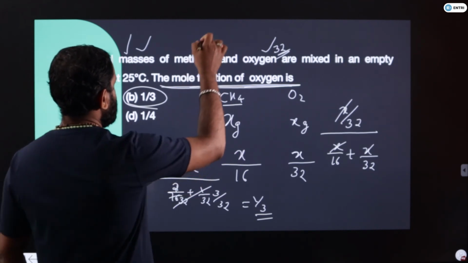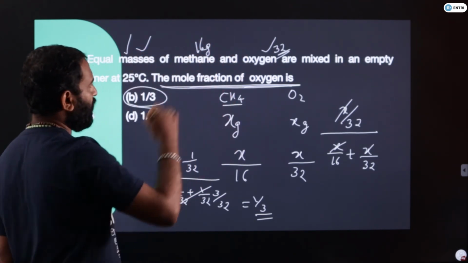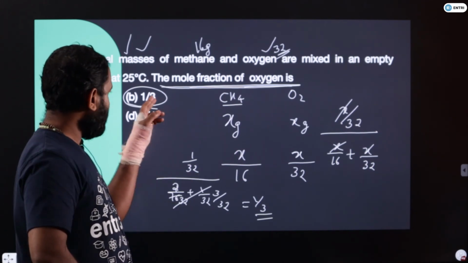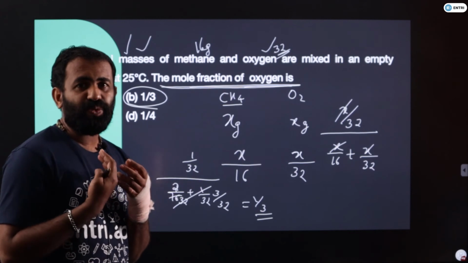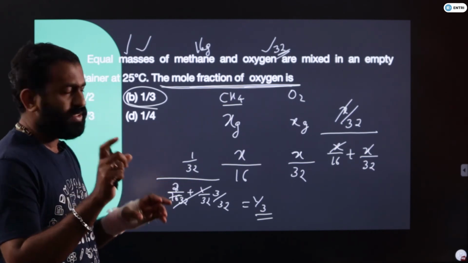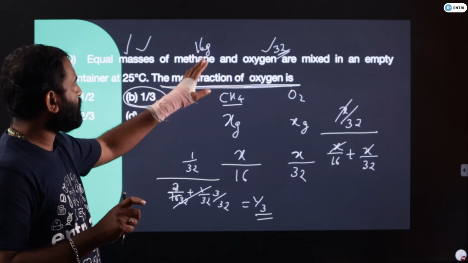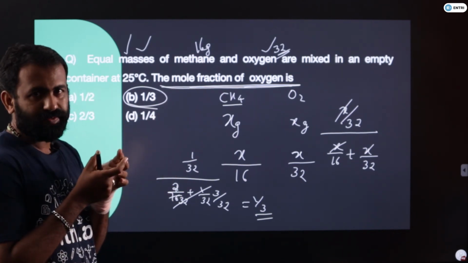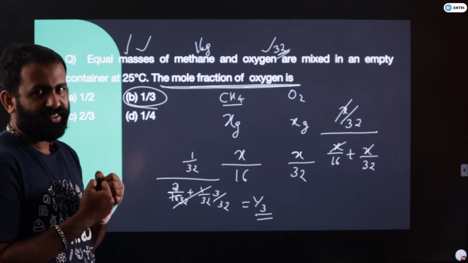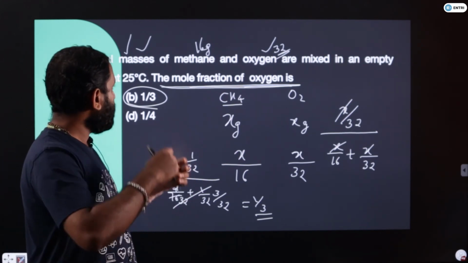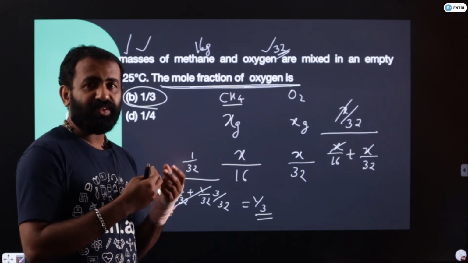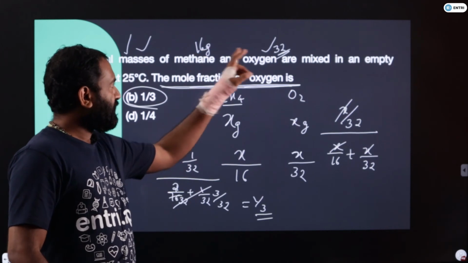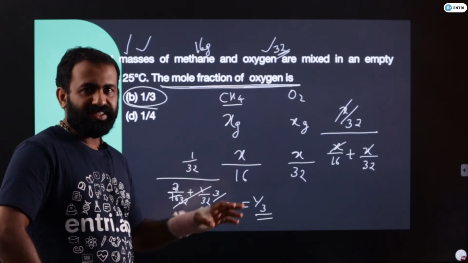So instead of x, we can take 32 gram of methane and 32 gram of oxygen, for simplicity of calculation. Comparing 16 and 32, 32 is the LCM.